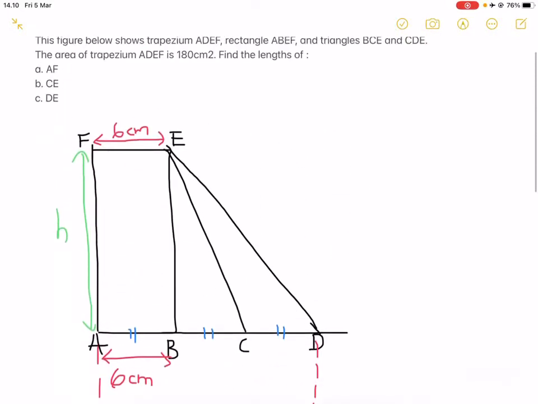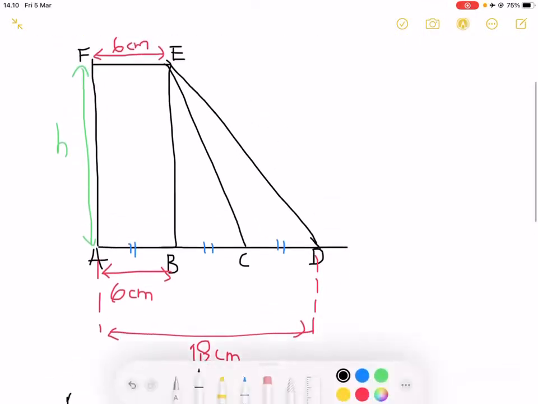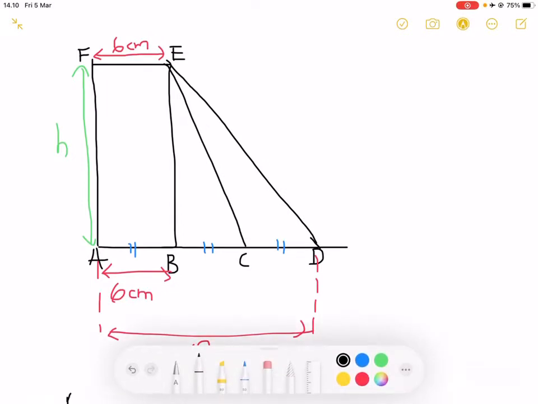Alright, so let's work things out for length CE and DE. For length CE, I'm just going to focus on triangle BCE. And since we know h is 15 centimeters from the last part, this line right here is also 15 centimeters.